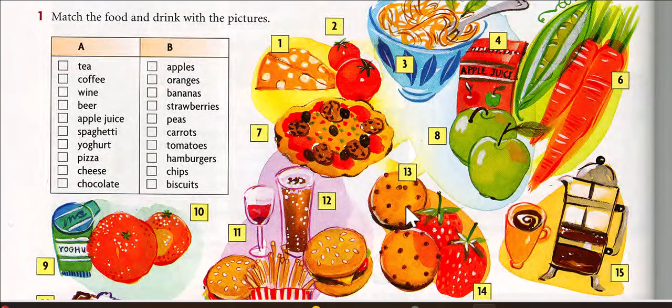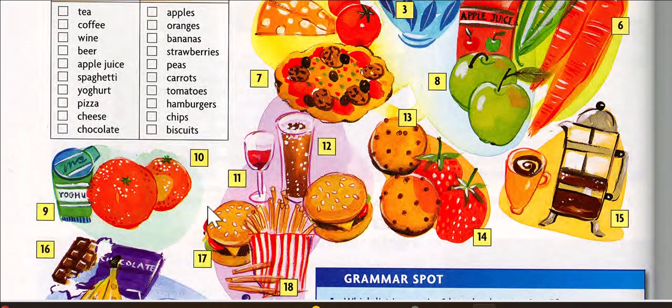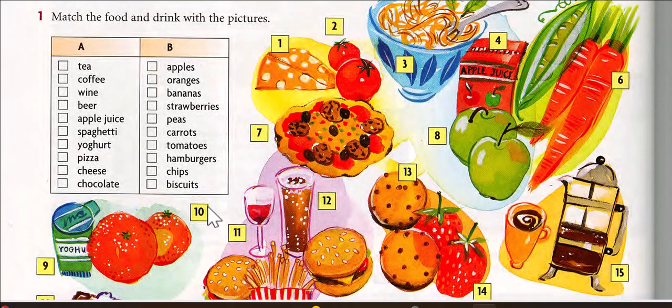Number 13, you can see here, biscuits. Number 14, strawberries. And then number 15 is coffee. And number 16, chocolate. And number 17 is hamburgers.